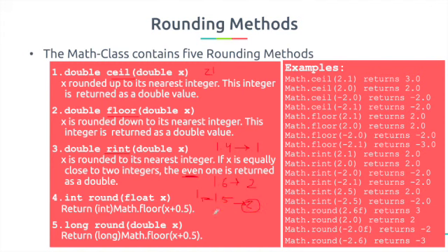But let's say we have 2.5, which is equally close to 3 and 2. In this case, it will also return 2 because the even number between those values is 2. So it will return that number.